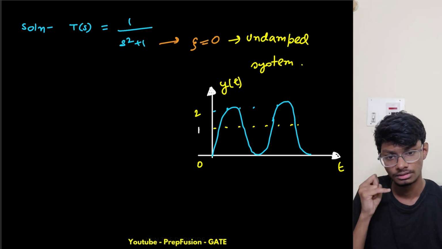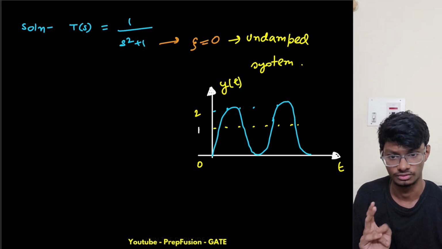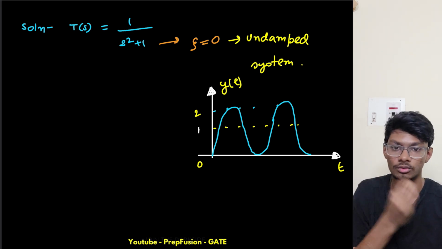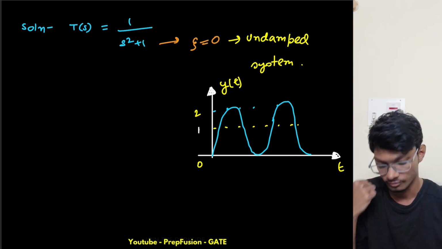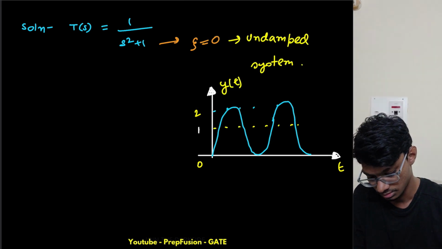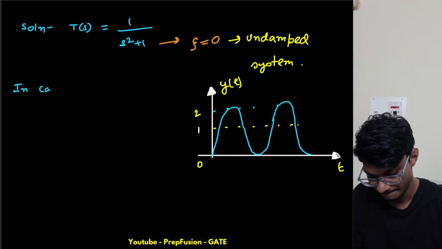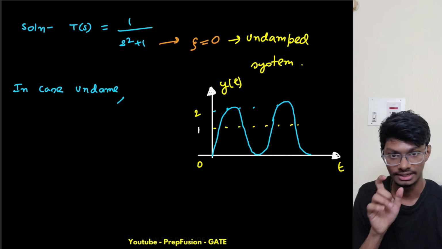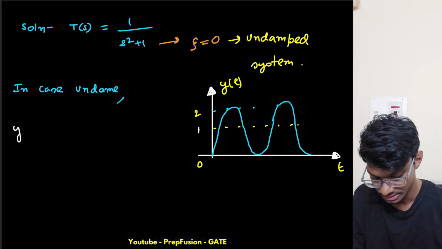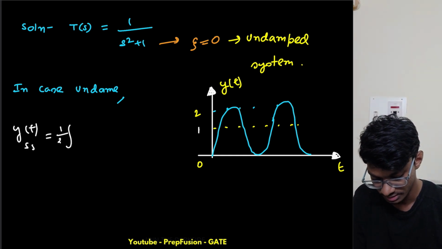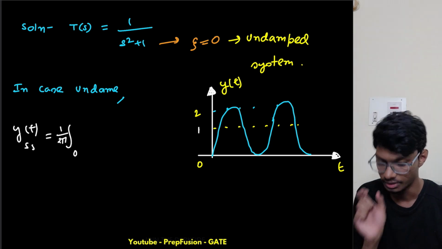Can I calculate the maximum peak overshoot for this one? You might ask how I can calculate it, because I don't know the steady state value. So for an undamped system, what we do is assume that my y steady state is equal to the average over a cycle of the output.